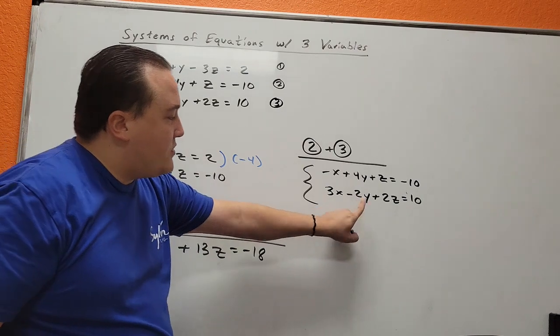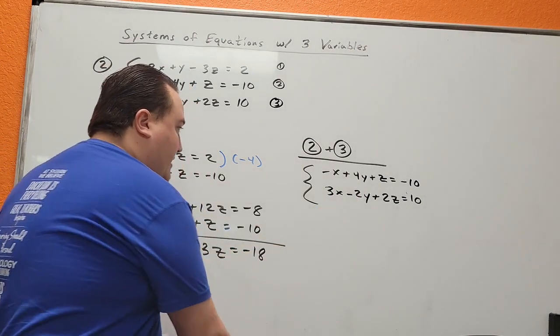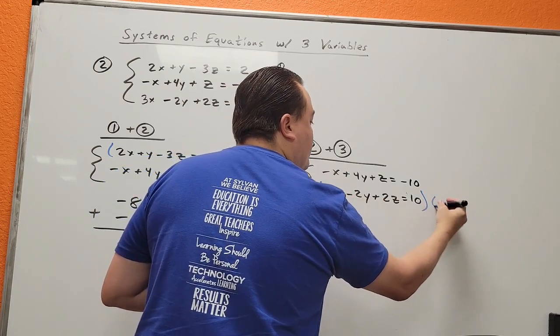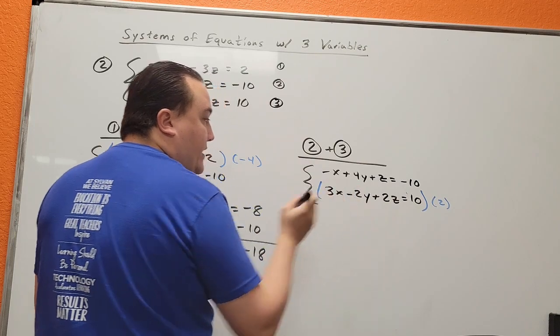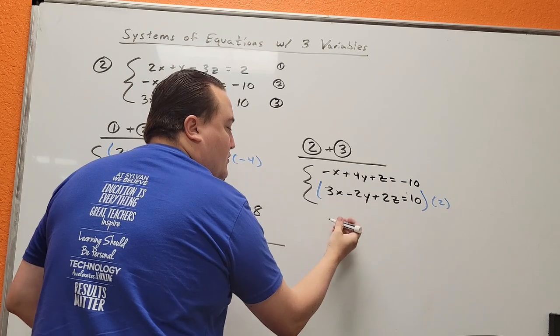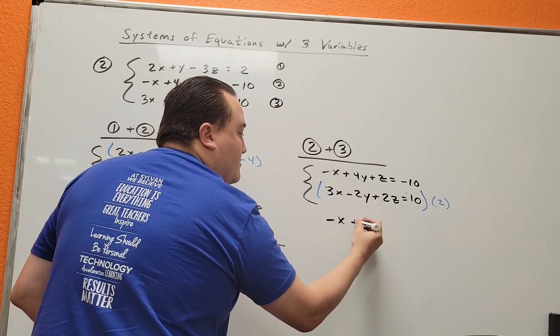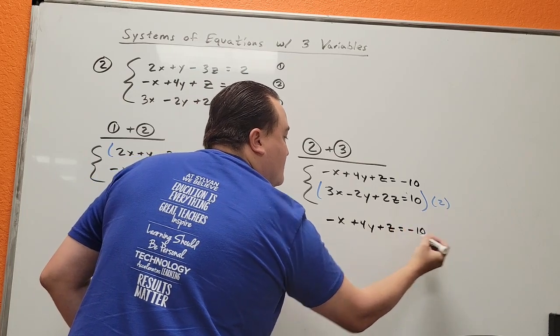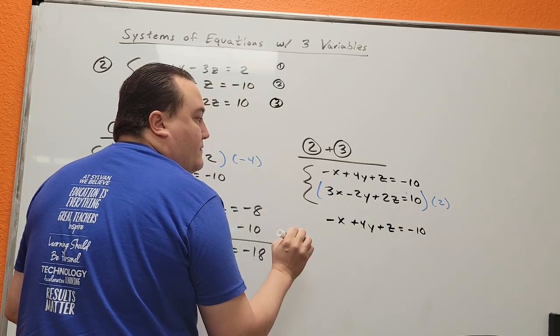To get rid of the y's here, you probably want to times the second one by negative 2, or positive 2, because then we'll have 4y and negative 4y. So we just go ahead and copy that first one because we're not changing it. And then distribute the 2 to all 4 terms here.